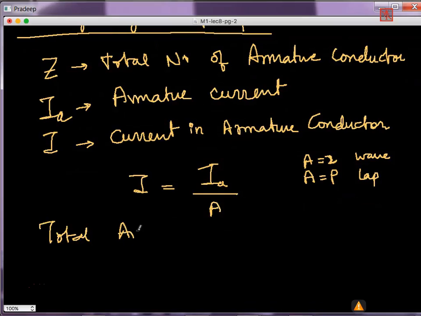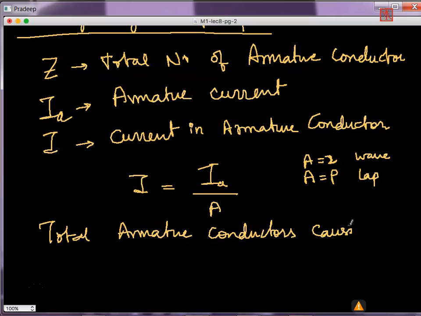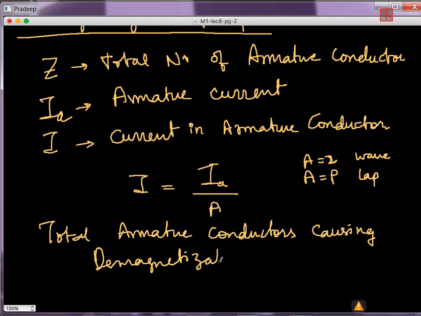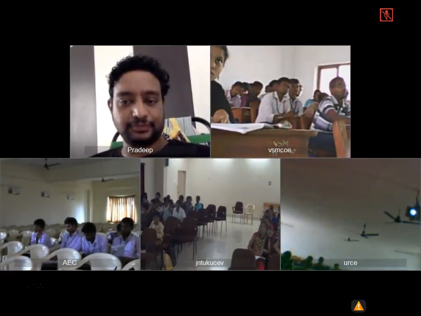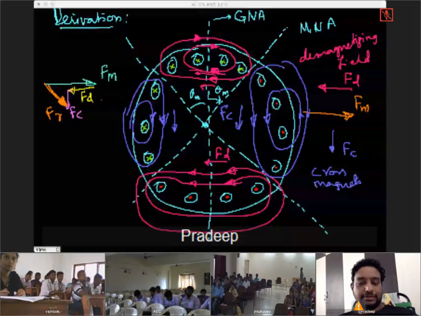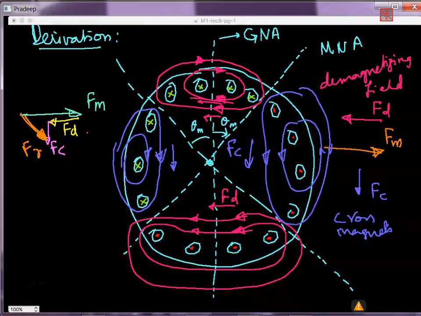Then what I can do is find the total armature conductors causing demagnetization. If you look at the diagram which I drew before, the armature conductors causing demagnetization are confined to this theta m, 4 into theta m.